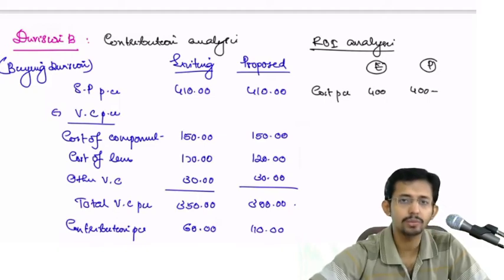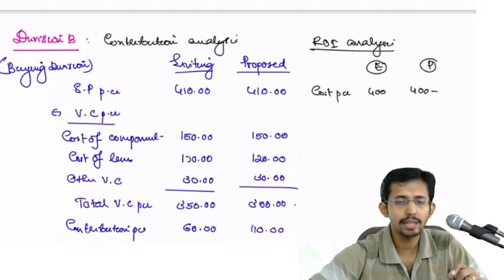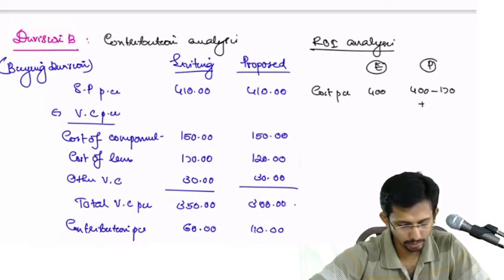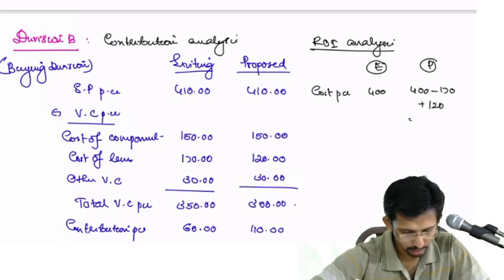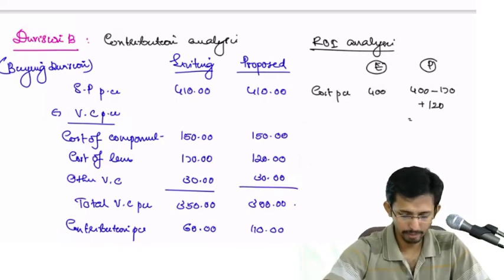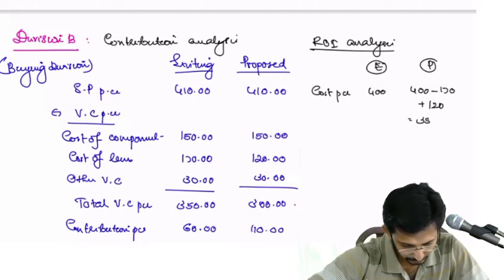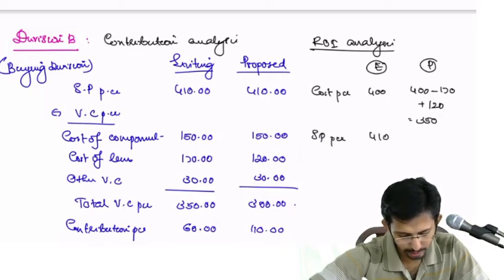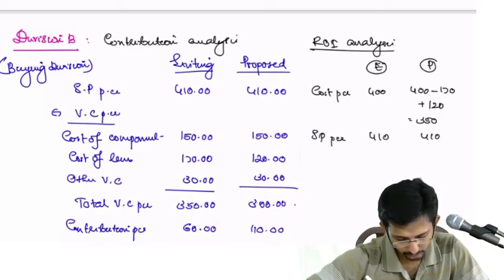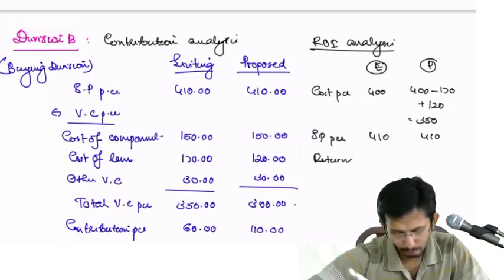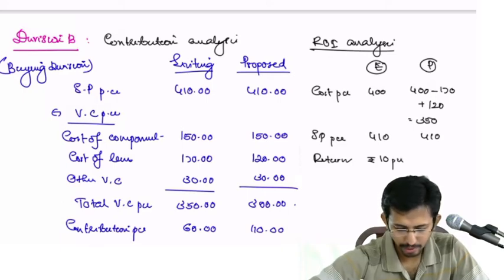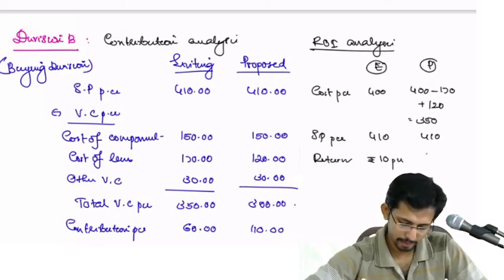From that you minus whatever be the purchase cost of the lens from the foreign vendors, that is 170, and you add the internal transfer price, that is 120. So that is 400 minus 170 plus 120, that is 350. Okay, and selling price per unit, we know it will remain at 410 itself. There will not be any change. So return or profit will be 10 here, and here it will be 60.